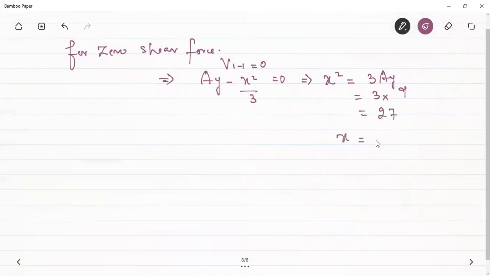That is, x will be equal to plus minus under root of 27. Obviously we will skip the negative value. Therefore, we will take only the positive value, that is under root of 27, which comes out to be 5.2.